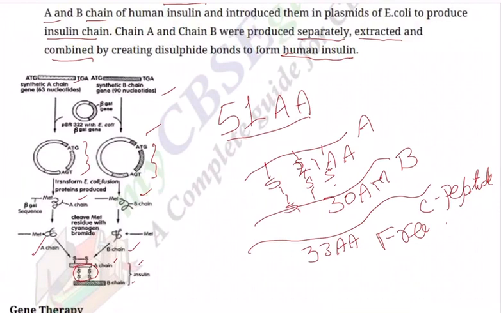Chain A and chain B were produced separately, extracted and combined by creating disulfide bonds to form insulin. And since it is related to human insulin, it is abbreviated as humulin. This is how human insulin is synthesized through biotechnology.